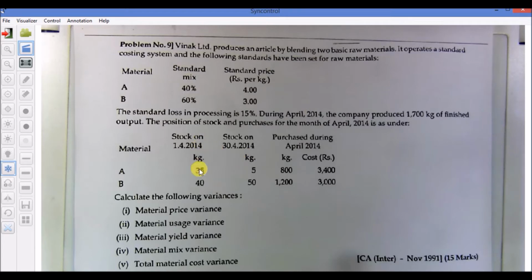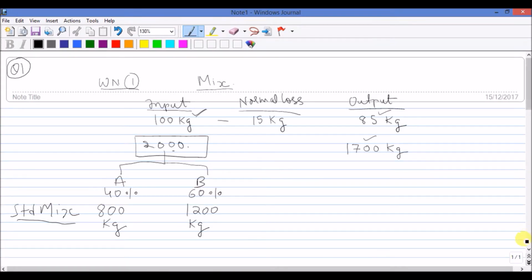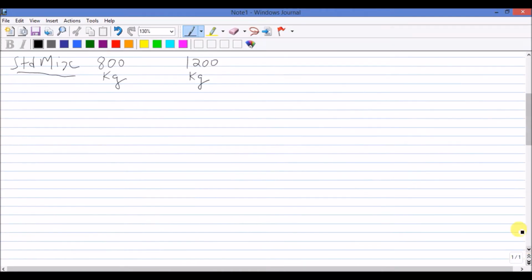Now they have given us the opening stock of raw material, the closing stock of raw material, and the purchase of raw material. So what I need to do is find the consumption of raw material. I'm moving to working note 2, which is going to be the consumption of raw material.